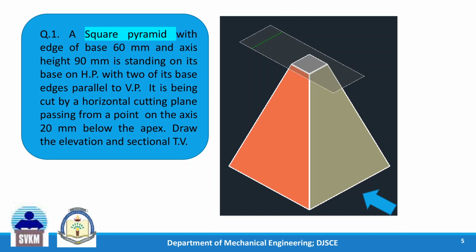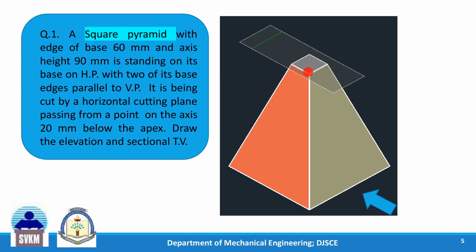It is cut by a horizontal cutting plane. The cutting plane is parallel to HP. This is the cutting plane. This is parallel to HP, so it is called a horizontal cutting plane. It is passing through a point on the axis 20 mm from the apex. Now I have shown you the cut portion.